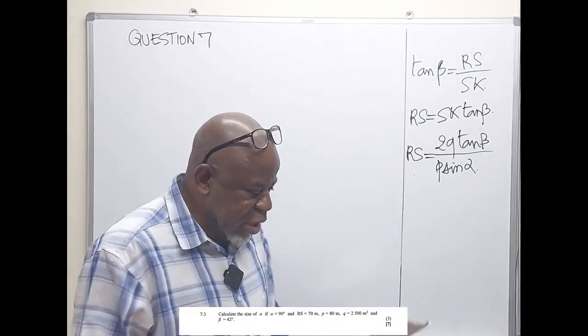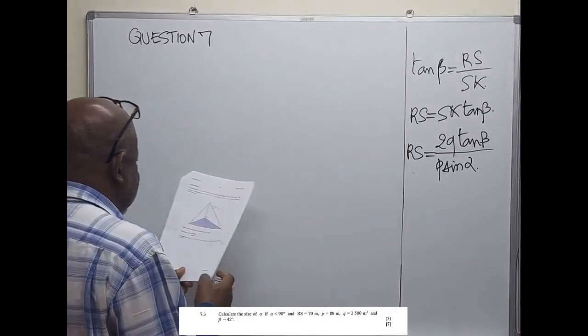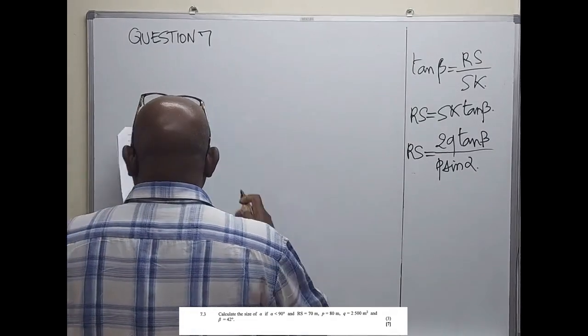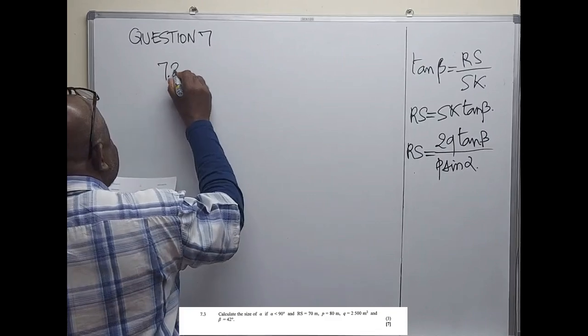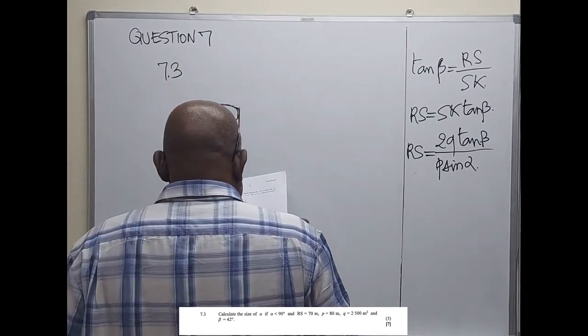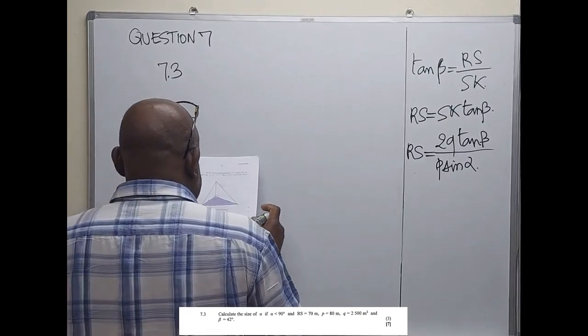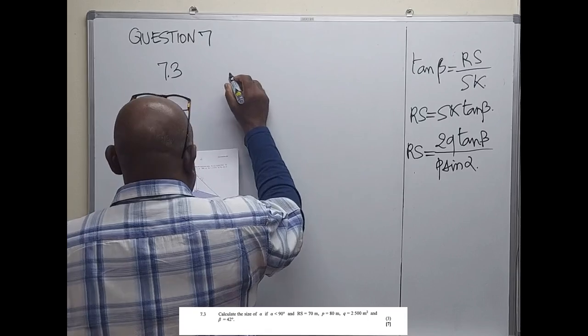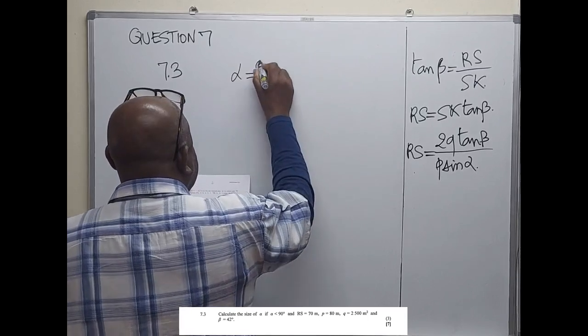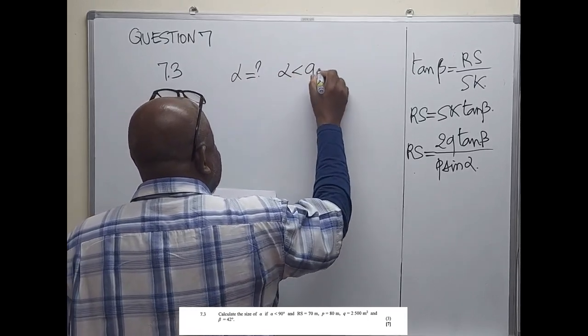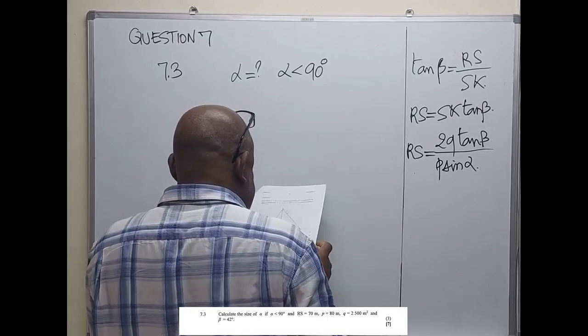Okay, so we're taking the last question of question 7. That is going to be 7.3. Calculate the size of alpha if alpha is less than 90 degrees. So they are saying that alpha is less than 90 degrees.